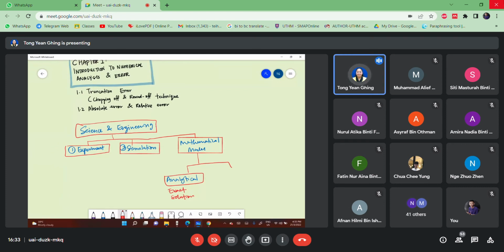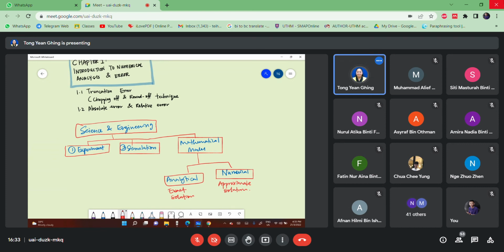But we have another approach that we can use, which is the numerical method. The numerical method is actually just an approximate solution only. It's not the exact value. Let me give you an example.